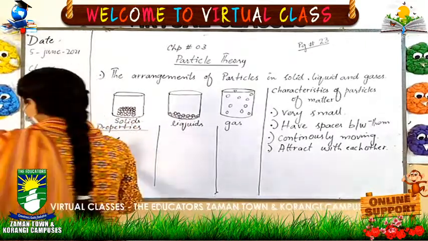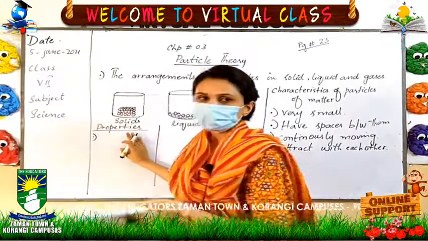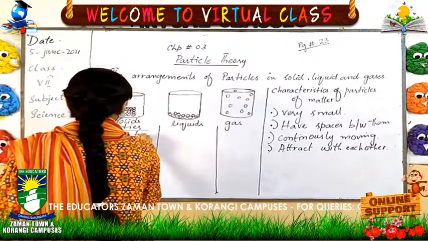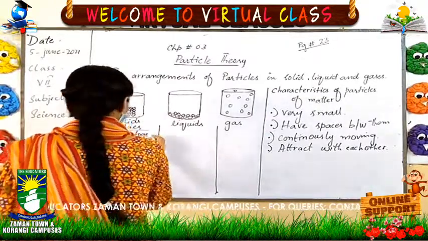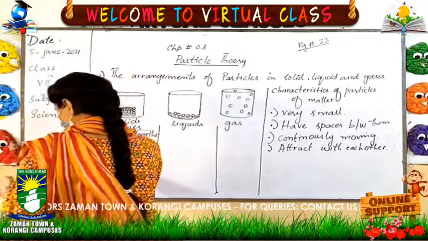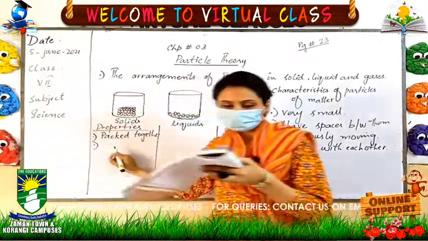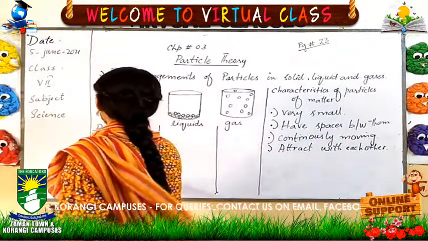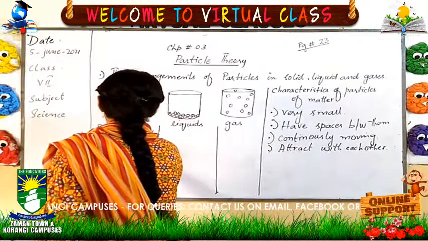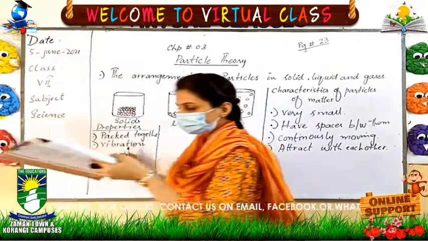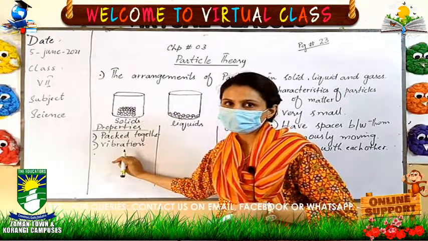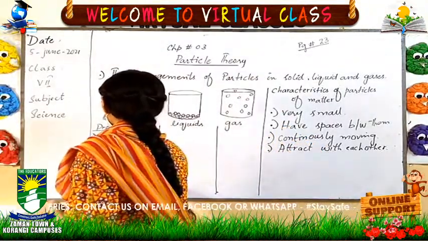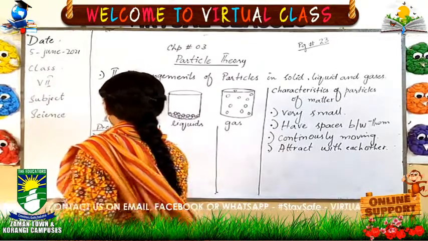First, particles are packed together, tightly close together. Next, they vibrate. Next, the particles may be arranged in a regular way or in a random way.